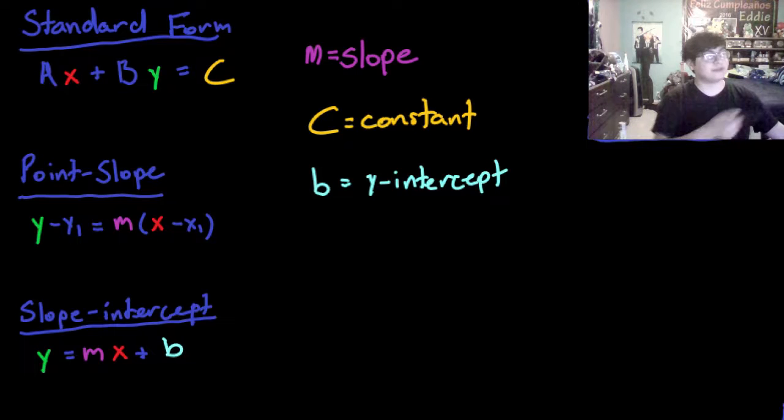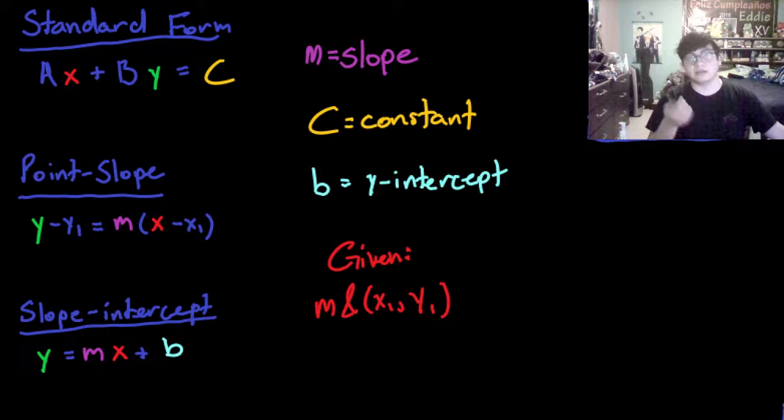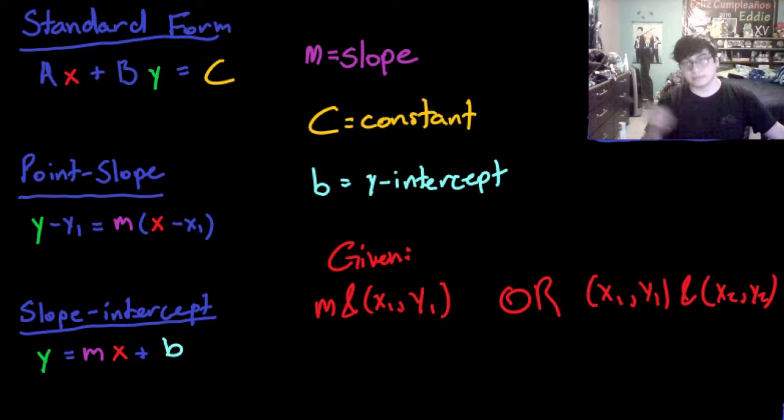And we're going to be able to find out and translate each one of these, given either a slope and a point, or two different points. Now it's important to note the formula for slope because we could use two different points to give us the first situation.